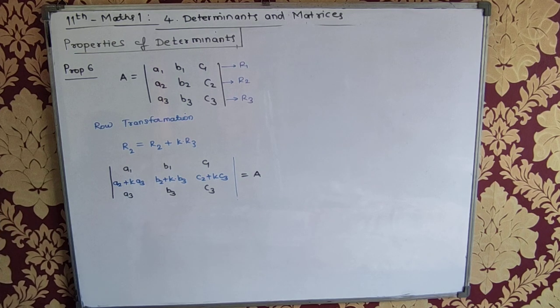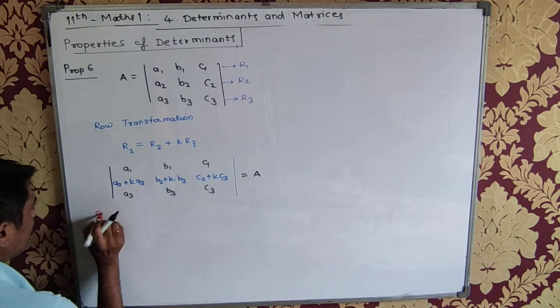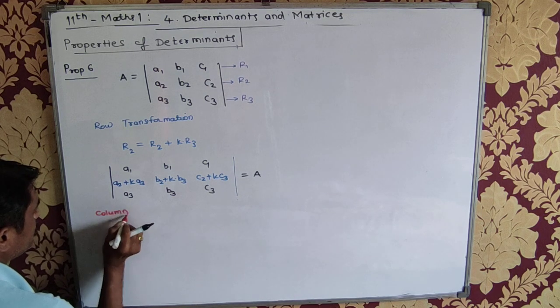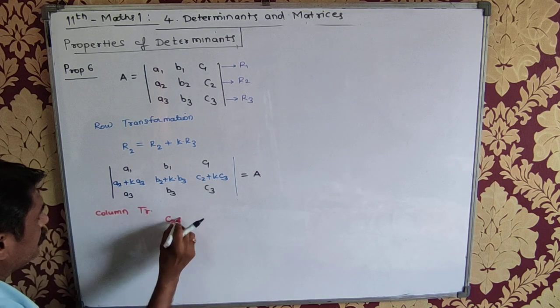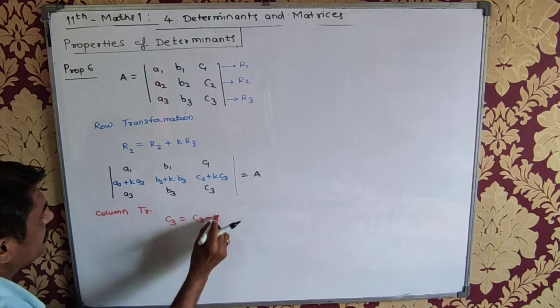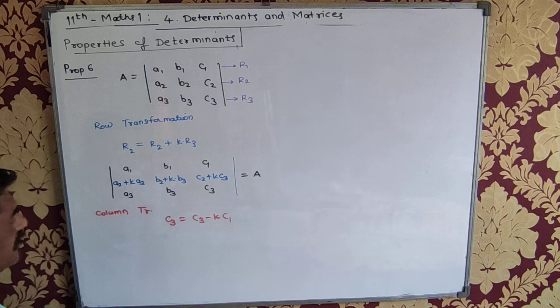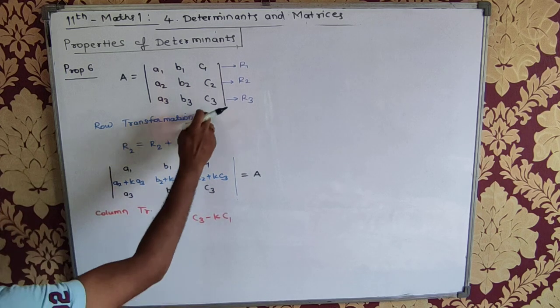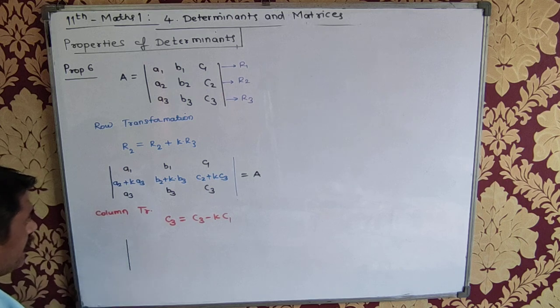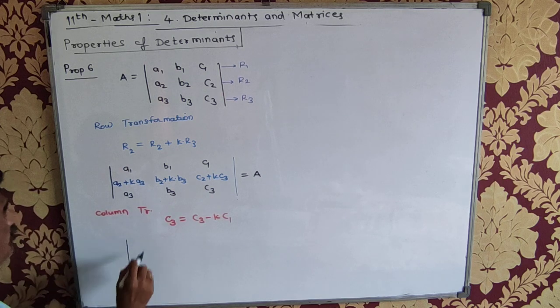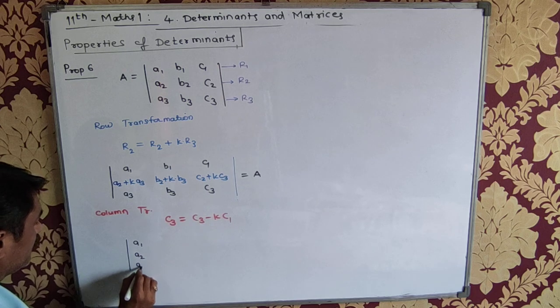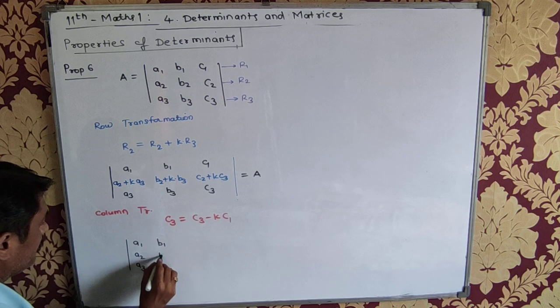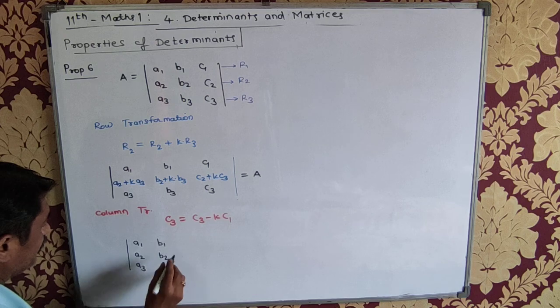You will get to know about this when we will be solving the problems. This is also true for any column transformation. Say, for example, C3 is equal to C3 minus K times C1. What will it become here? Because of this, C3 will change, while C1 and C2 remain the same: A1, A2, A3, B1, B2, B3.